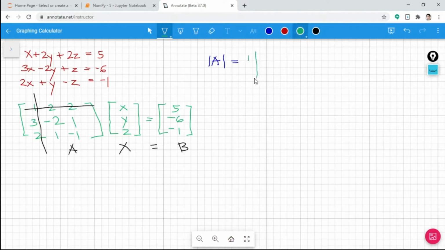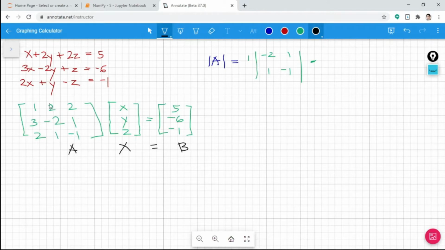Then we have negative 2. We have 1, and negative 1. Okay, so minus, plus, minus, we have alternating signs. I know you know how to solve the determinant.